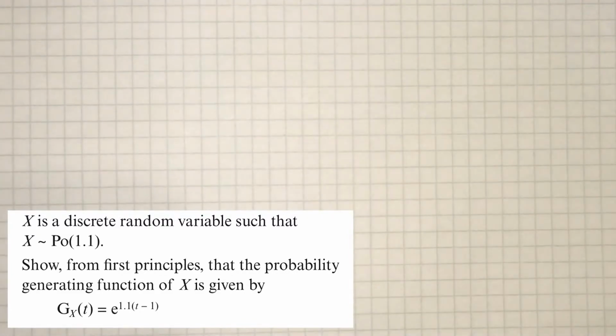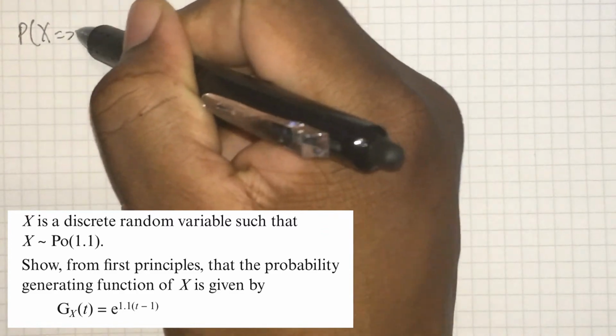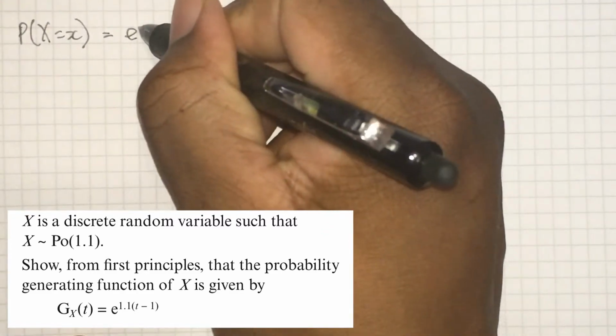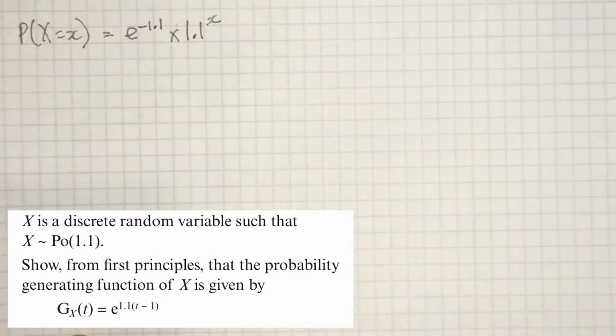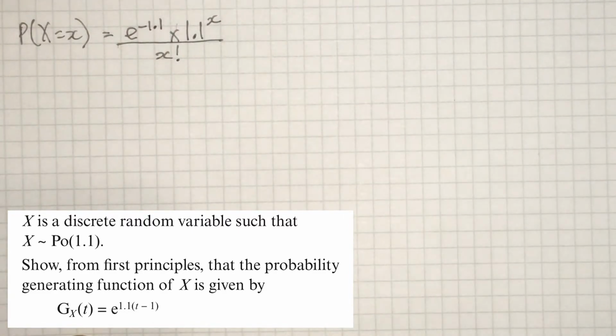In the next question, we're told that we're working with a Poisson distribution where lambda equals 1.1, and we're asked to show that its probability generating function matches the one that's given. So we'll start just by writing out the probability function for the Poisson when lambda equals 1.1.